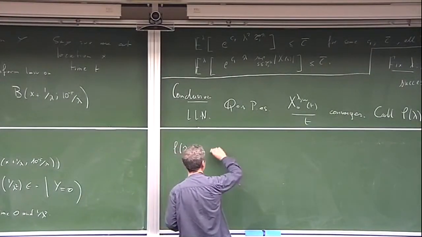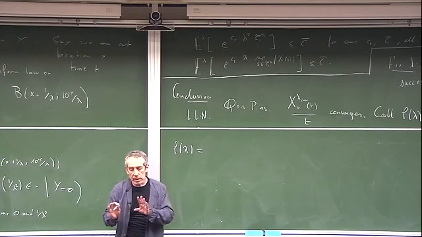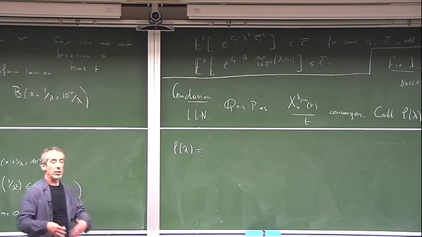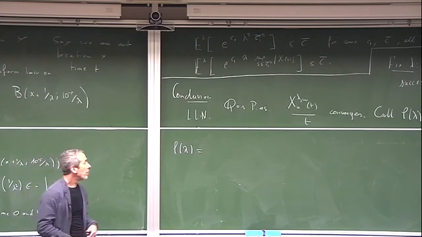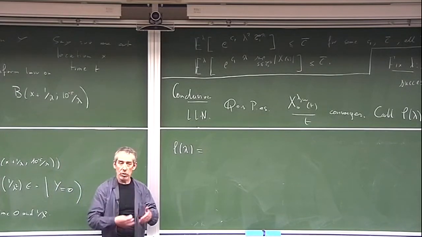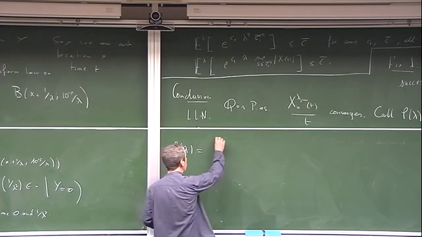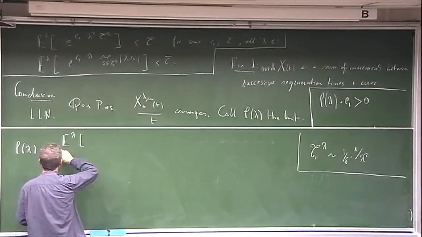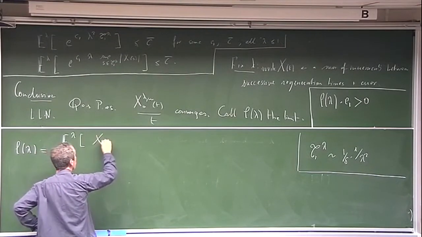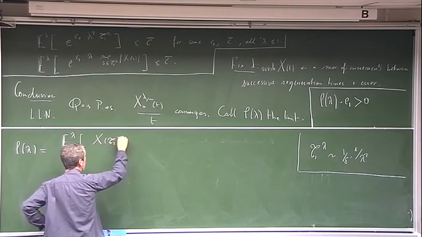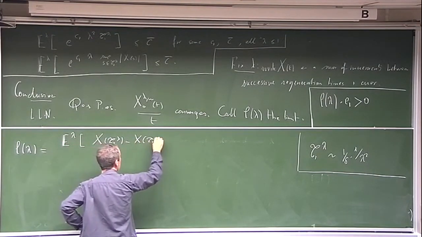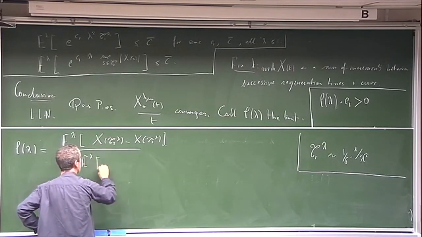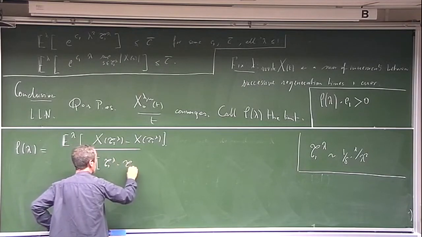So now you have to deal separately with the first regeneration time, because it is only after the first regeneration that what you get is always the same law. That is a law conditioned on the fact that D is infinite. So if you want to have a correct expression, one way to do it is you say that the speed is the mean of the increment between, let's say, the second regeneration time and the first one, and then I should divide by the expected value of time, tau 2 of lambda minus tau 1 of lambda.